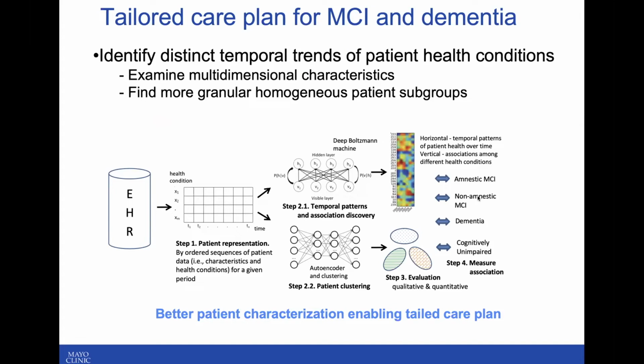So basically, we can identify homogeneous patient subcharacteristics. For those subclusters, we can apply more tailored care plans. So they can enable tailored care plans using these advanced techniques.